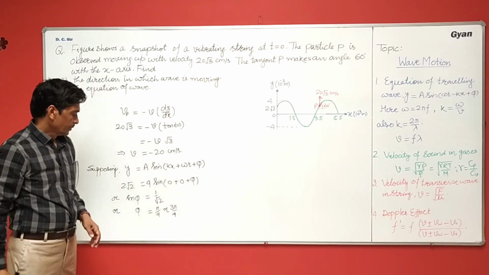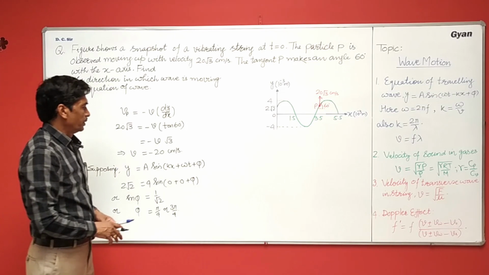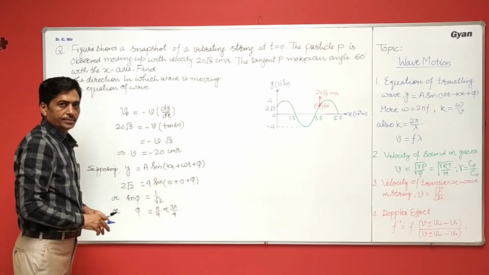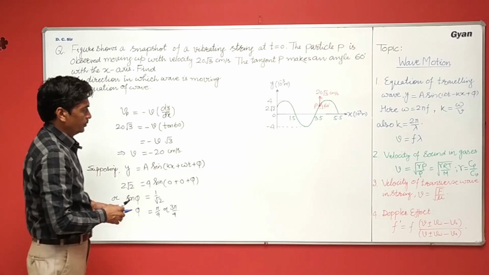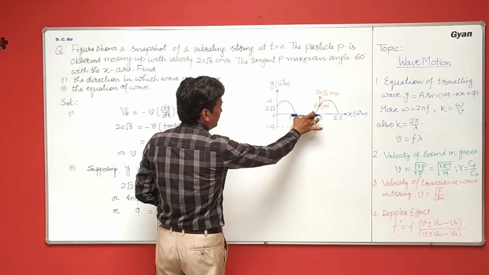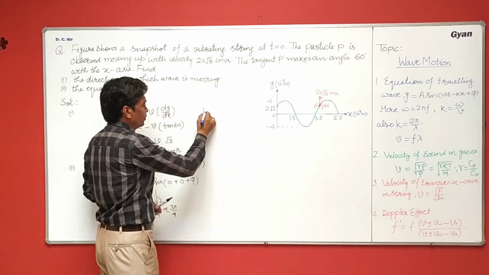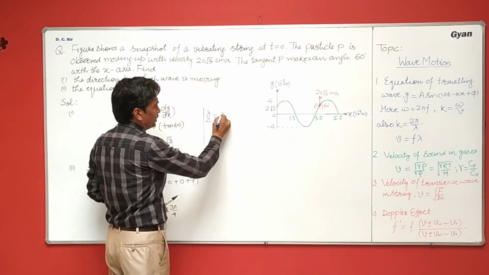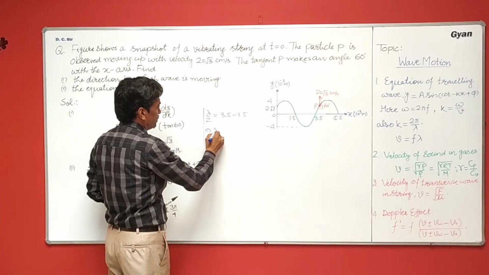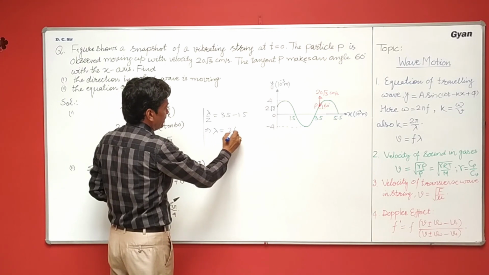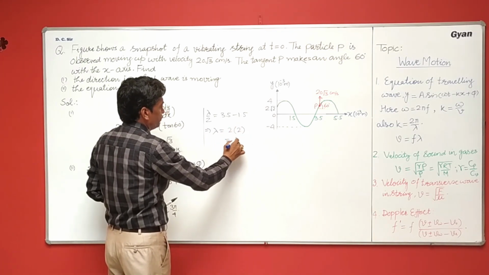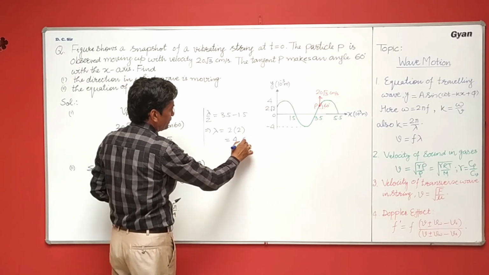Now for the next part, we need the value of the frequency and the propagation constant. To get it, here this is λ/2. So λ/2 is equal to 3.5 minus 1.5, or λ is equal to 2 times 2, which is 4 centimeter.